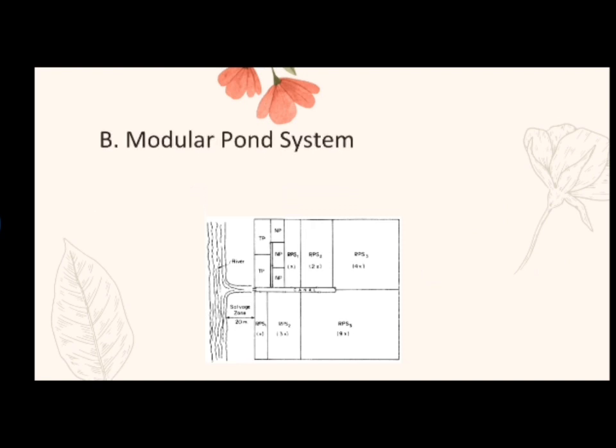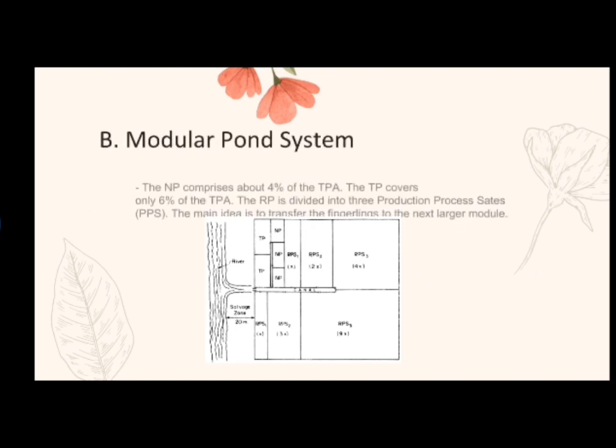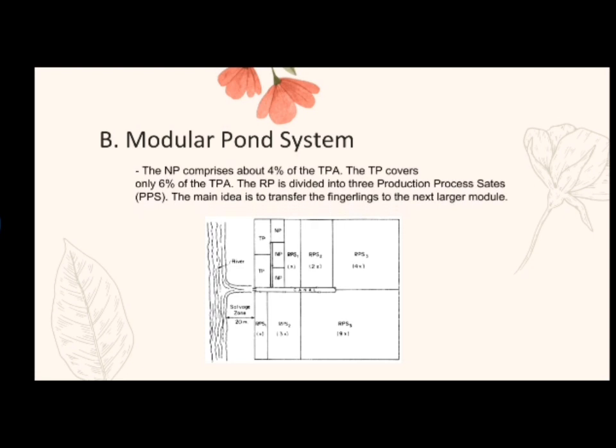Next is the modular pond system. The nursery pond comprises about 4% of the total production area. So makita nimo sa figure or sa picture ang nursery pond nga 4%, and the transition pond covers only 6% of the total production area.